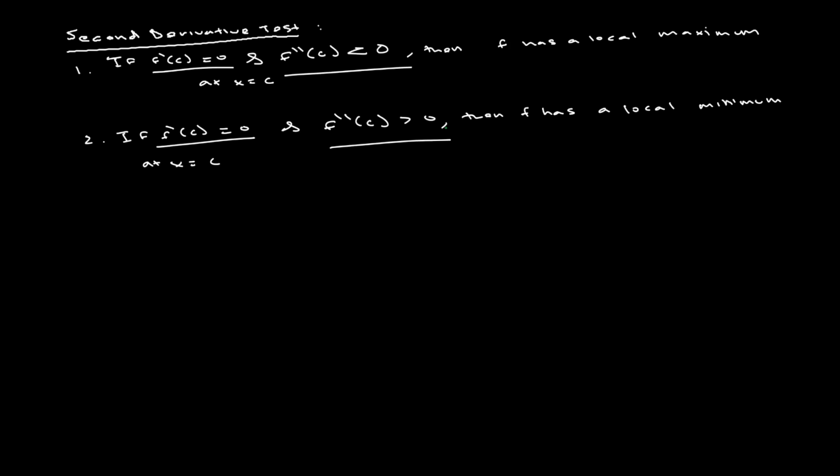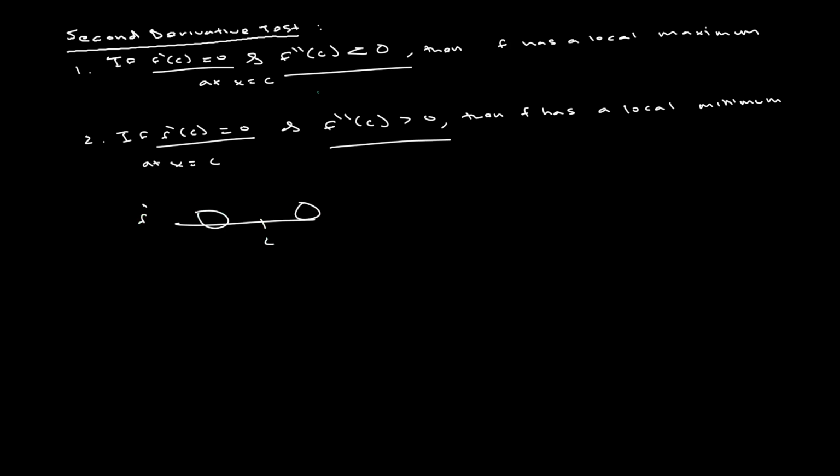And another thing I want to say about the second derivative test is we noticed with the first derivative test that there are a lot of cases, right? If we had c, we had to see how f prime behaves on the interval around c. That's not something you have to do with the second derivative test.